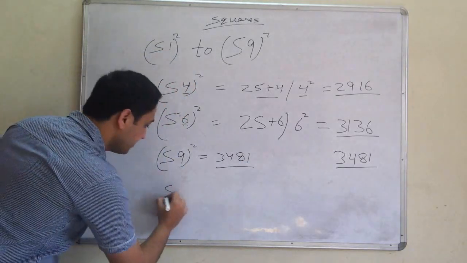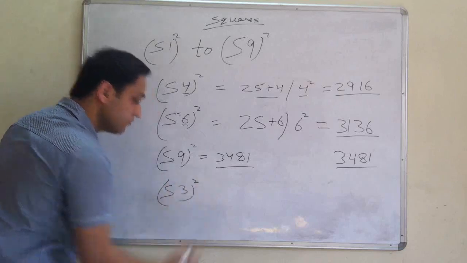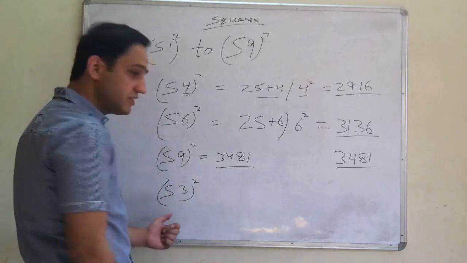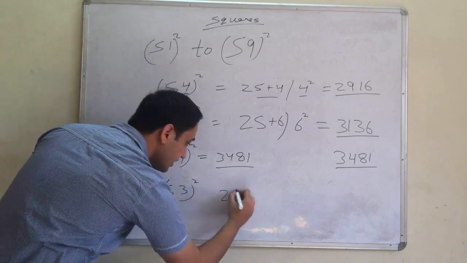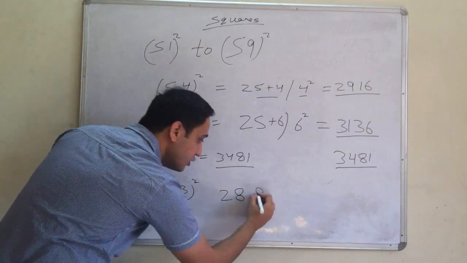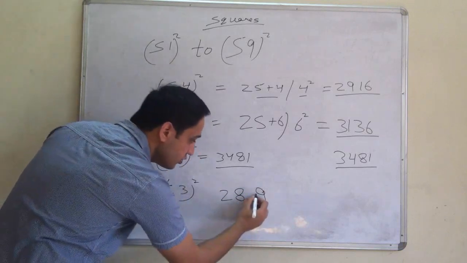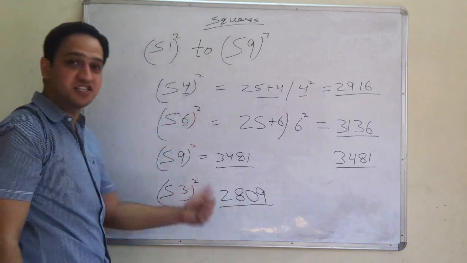Now 53 square. So 53 here is 25 plus 3. 25 plus 3 is 28. And lastly, the square of 3 is 9. So there is no 10th place digit, so I'll take 0 as the 10th place digit.